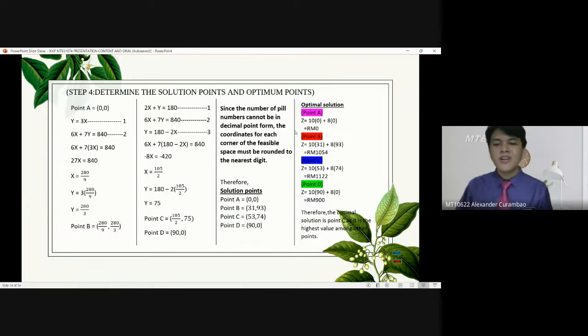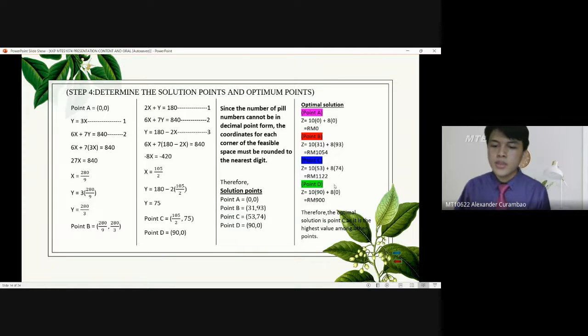Okay, so next the point B. At point B, the bottles of pills M is 31 and the bottles of pills N produced is 93. So the profit that they will get from selling all the products is 1054 ringgit. And point C, X is 53 and Y is 74, then the profit that they will get is 1122.